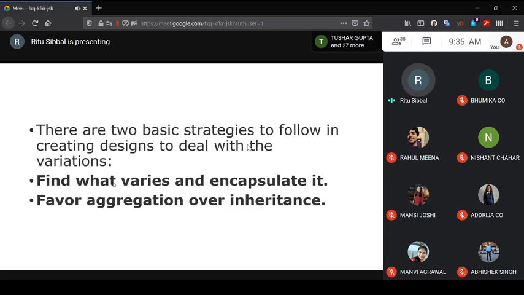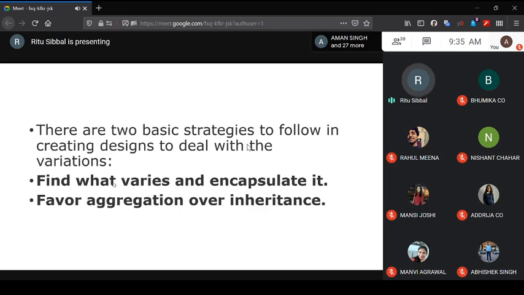And how did they do it? They have two simple guiding foundation principles. Whatever varies, they encapsulate it and hide it from the rest of the code, so that in future whenever there is a change in requirement, only one portion of the code needs to be touched and redone, and not the entire code. And they favor aggregation over inheritance, which we have seen.